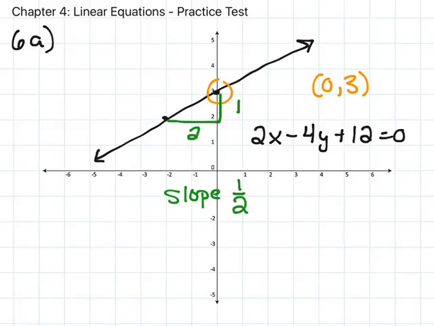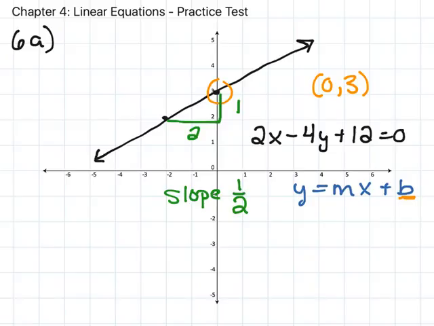So if we were to write this in slope y-intercept form, it would be y equals mx plus b.